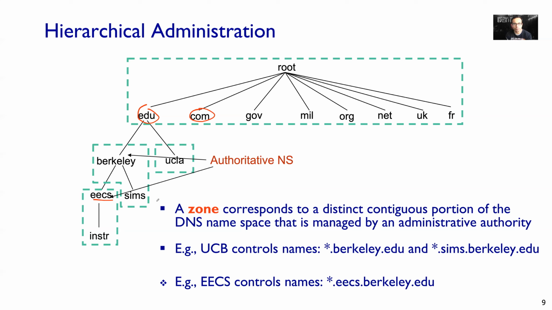So effectively each of these becomes a zone, and then each zone is managed by an administrating authority. As it says here, the UCB central IT might take care of everything like berkeley.edu, sims. And then EECS might control everything under EECS, right?